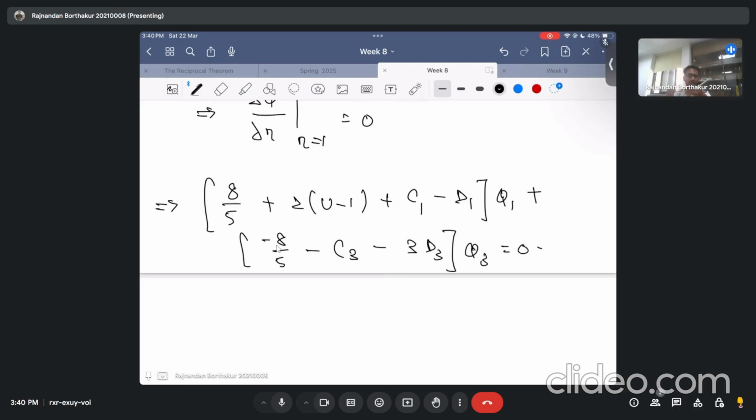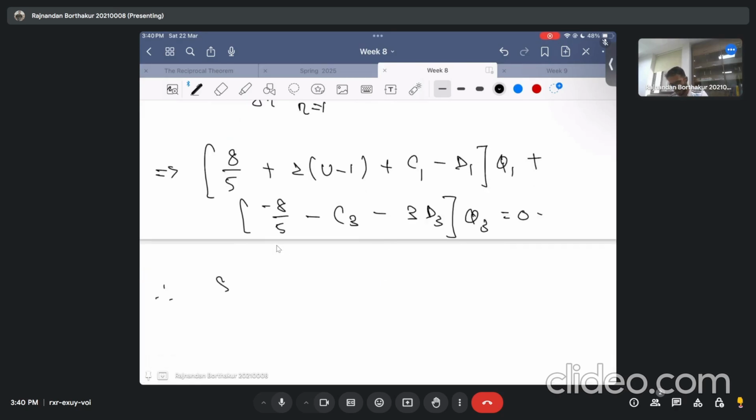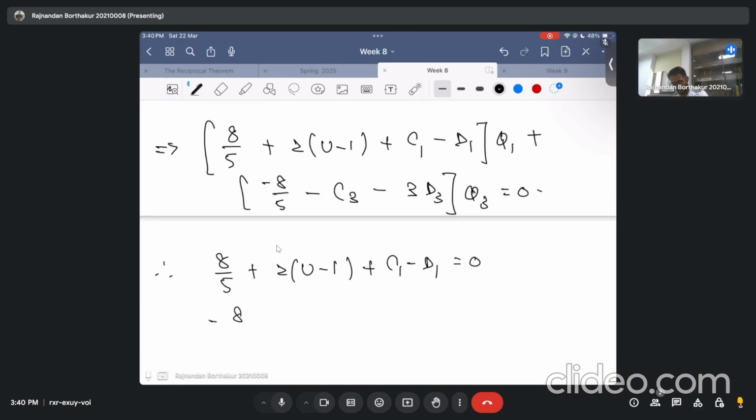Again, using the same logic that these modes behave independently, I can say that 8 by 5 plus 2 u minus 1 plus c1 minus d1 is equal to 0, and minus 8 by 5 minus c3 minus 3d3 is equal to 0.